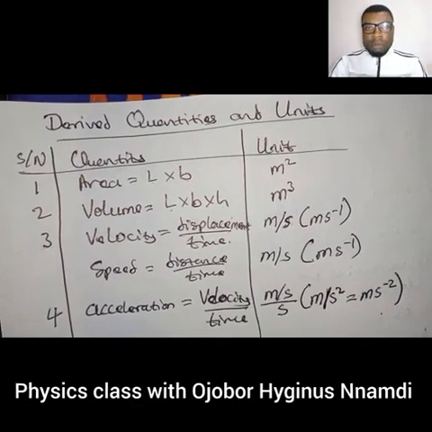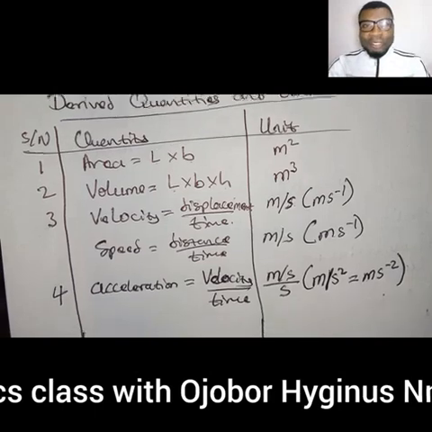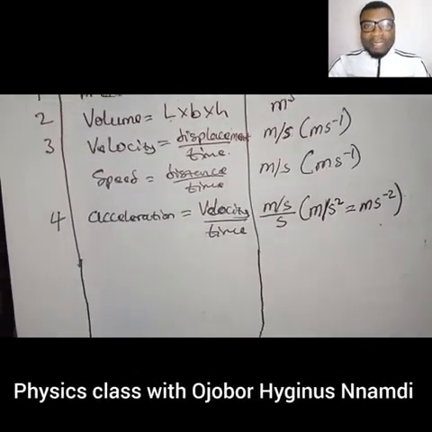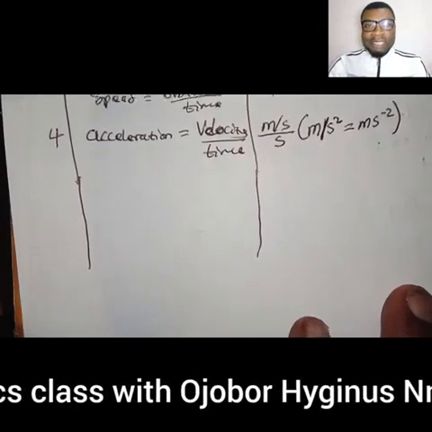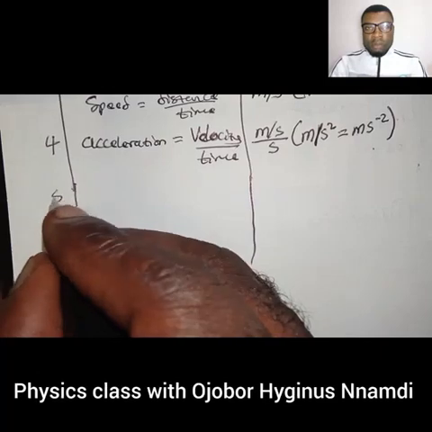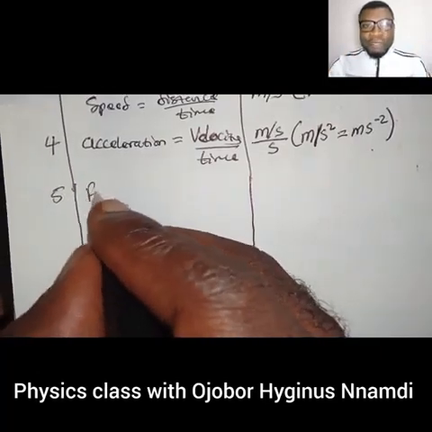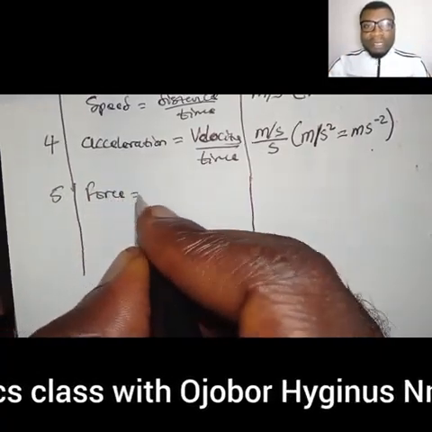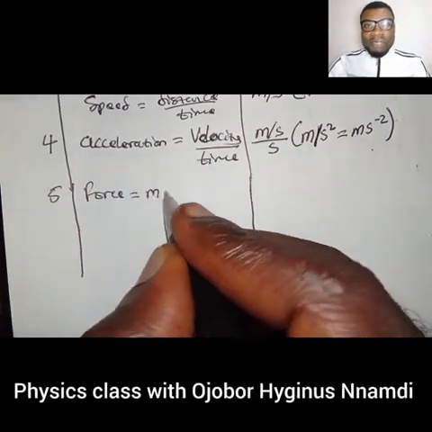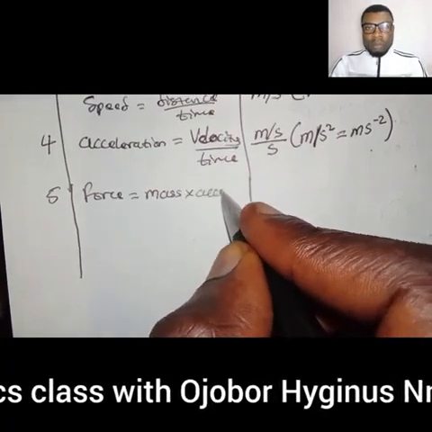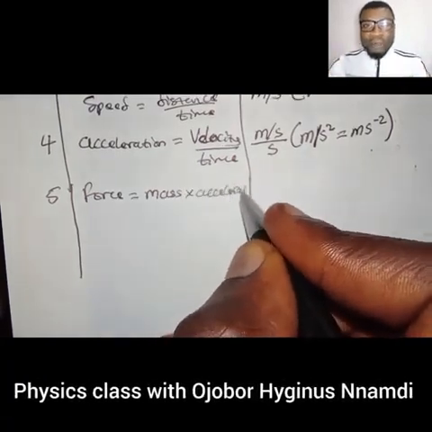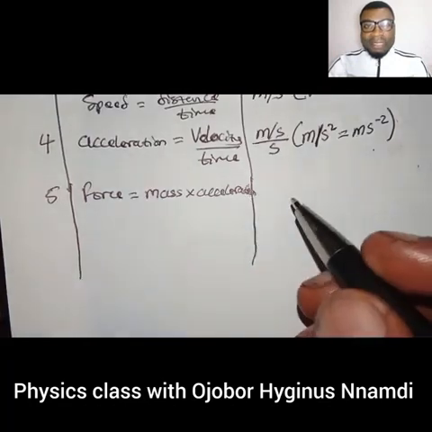So that is how. The one thing about good physics is that if you can remember the formula, you can use it to define. If you can remember the definition, you can use it to get a formula. So if you look at another one, force, we can say that force is the product of mass and acceleration. The mass times acceleration is force. Okay, you can see how we are moving. It is a combination of fundamental quantities.